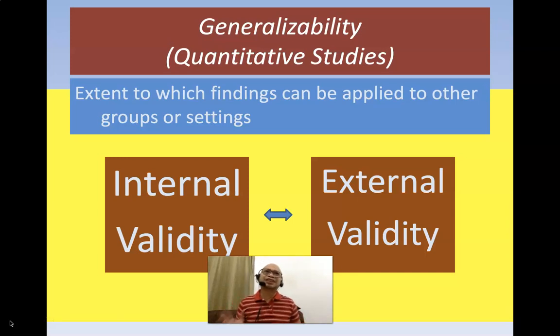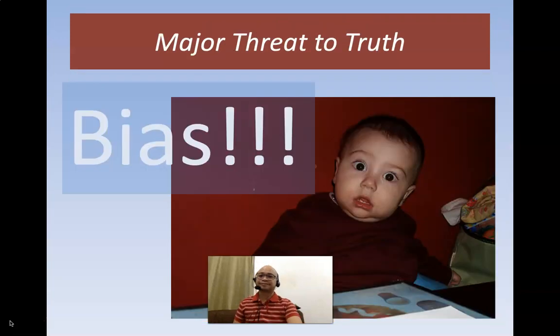So external validity may sometimes refer to ecological validity because the study that you did here in the Philippines, okay, may be applicable to a similar situation even if it is done outside this country. So that's another example, and there are many examples in which we can, of course, describe external validity.